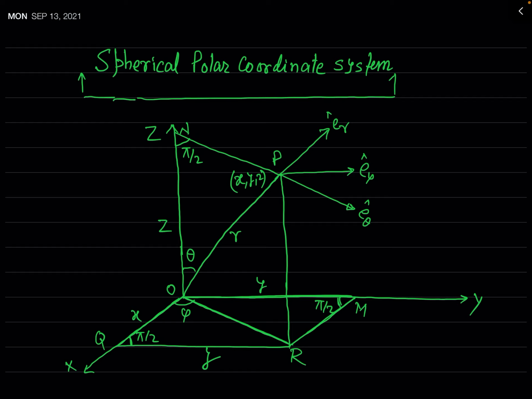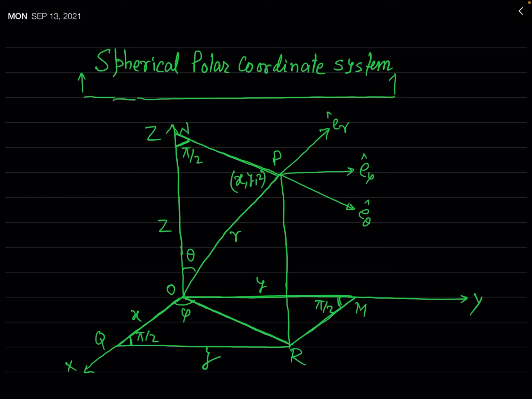Again, if you draw a line PN, see the figure, parallel to this projection OR, which lies in XY plane, then this PN is perpendicular to Z-axis. So the angle at N is equal to pi by 2, and this projection ON will be equal to z.